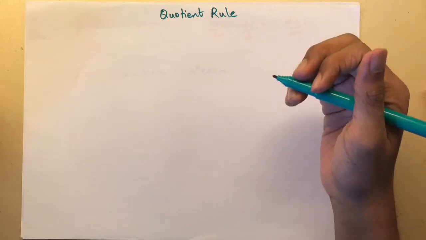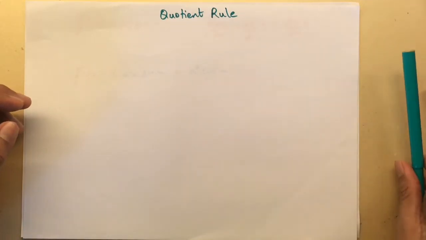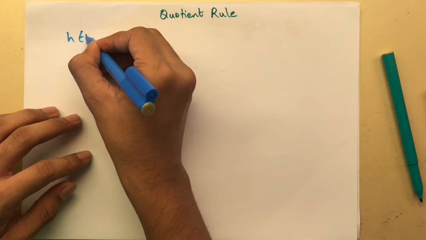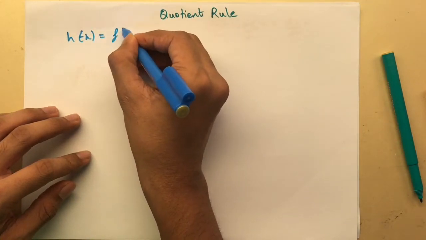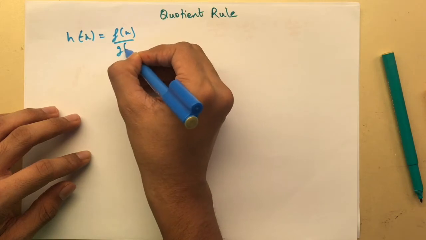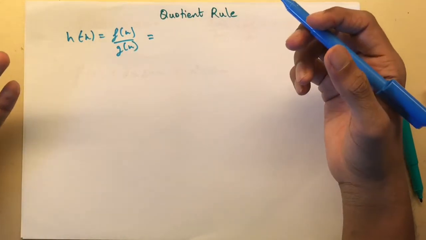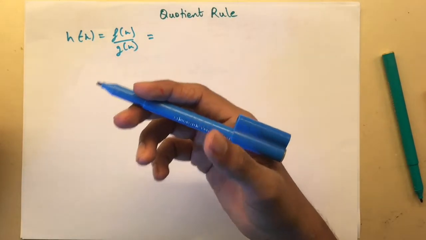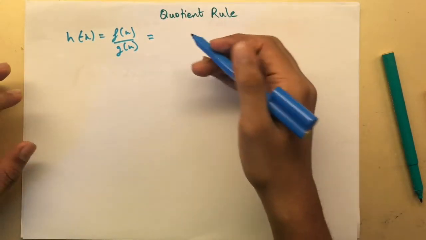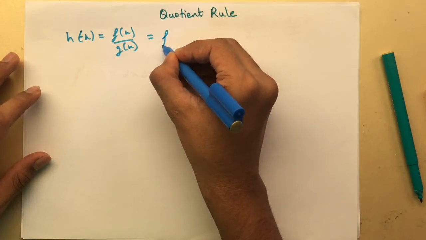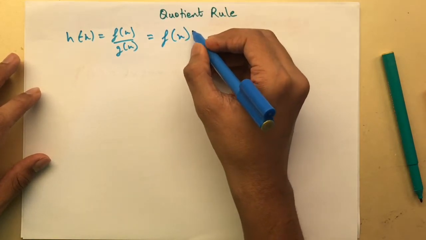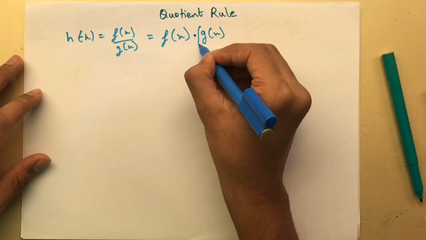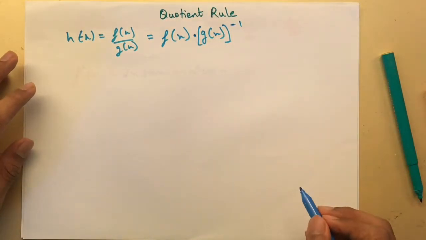So another derivative that might be difficult to take would be when two functions are divided by each other. So something like h of x being f of x upon g of x. However, this can be solved using a combination of the chain rule, which I had taught in my previous video, and the product rule. And that can be looked at as f of x times g of x raised to minus 1.